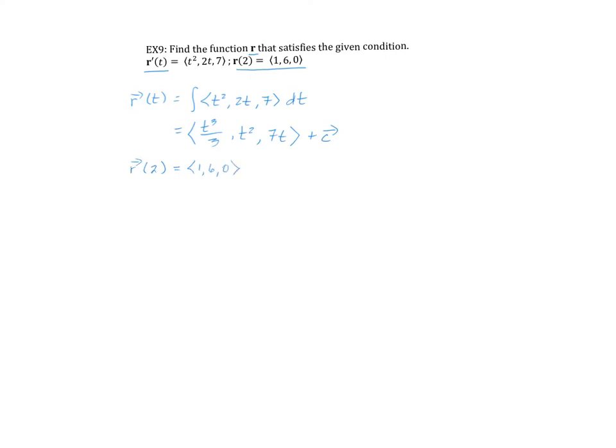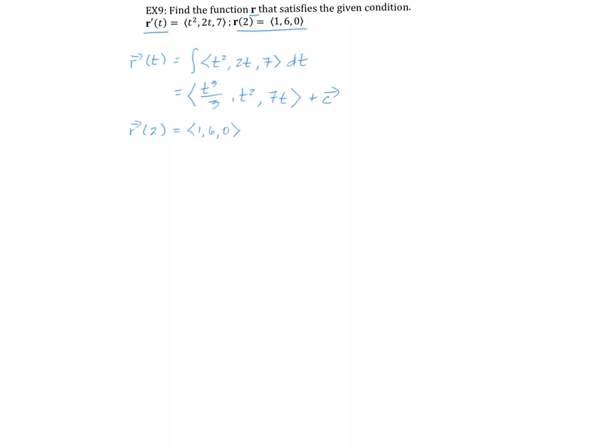So all I have to do is take my vector and substitute in 2, and I'll have 1, 6, 0 is going to be equal to the vector 8 over 3, comma, 4, comma, 14, plus my constant vector. At this point, all we're doing is solving for our constant vector.